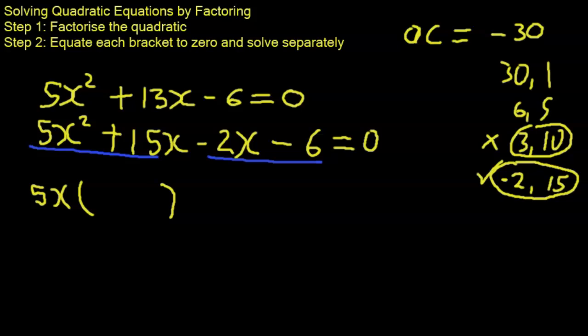So now we need the terms for the bracket, and we can get those terms by dividing these terms by what we have outside, 5x. So 5 into 5, that's 1. x into x squared, that's x. x into x, 1. So 5 into 15, that's positive 3.